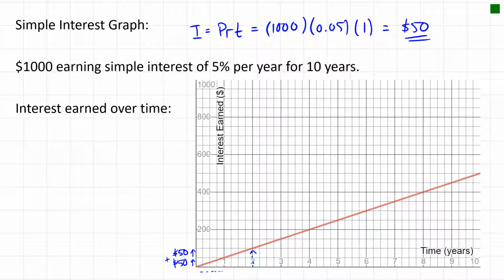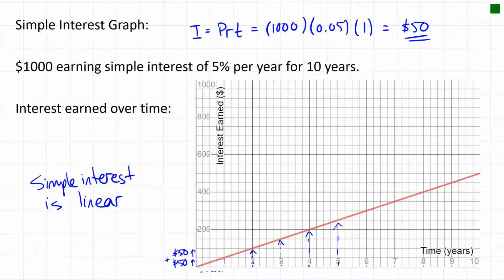And what you can see is that each year, as we add $50 again and again and again, we are creating a linear graph, or what we can say is simple interest is linear. You earn the same amount every year for 10 years.